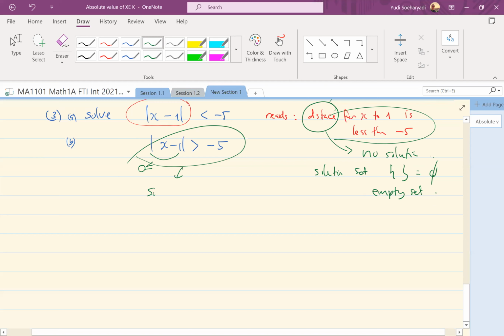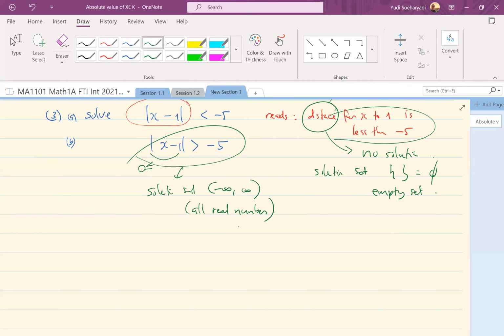So the solution set is all real numbers. These two are the extreme situations where the solution set is empty, or it is all real numbers.